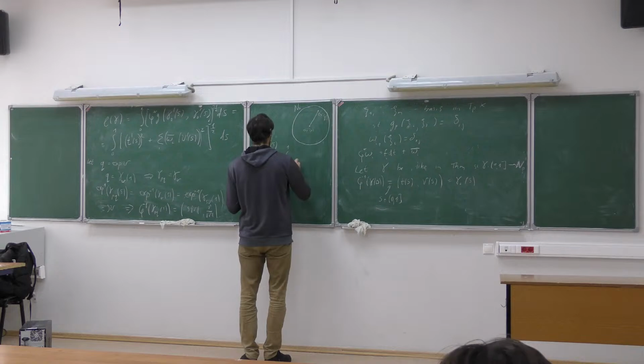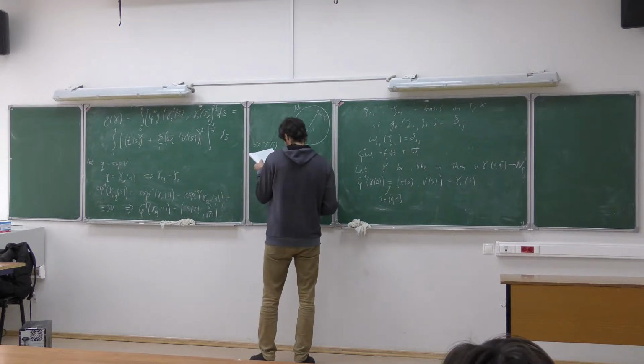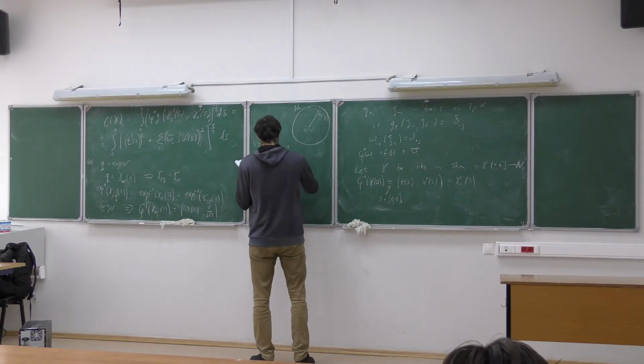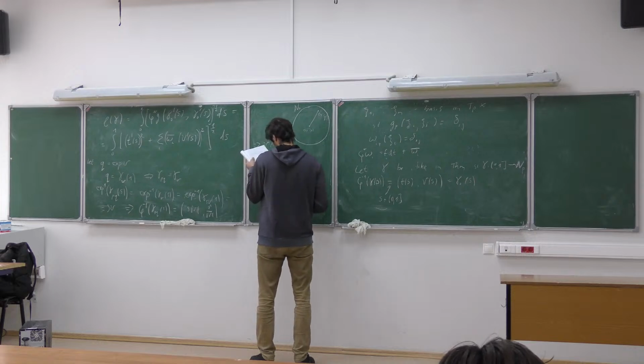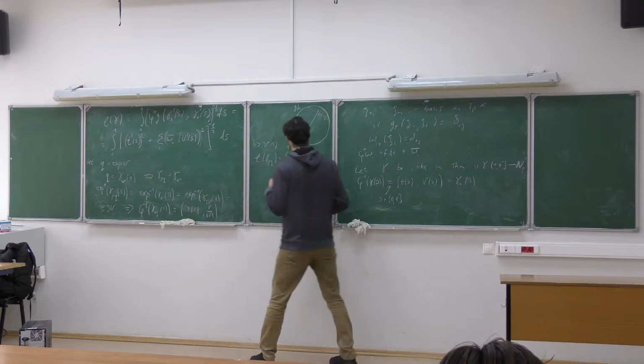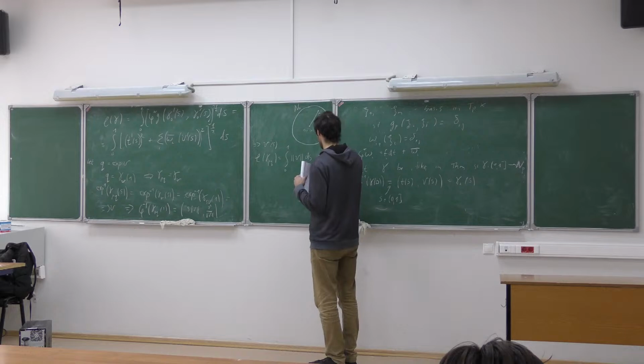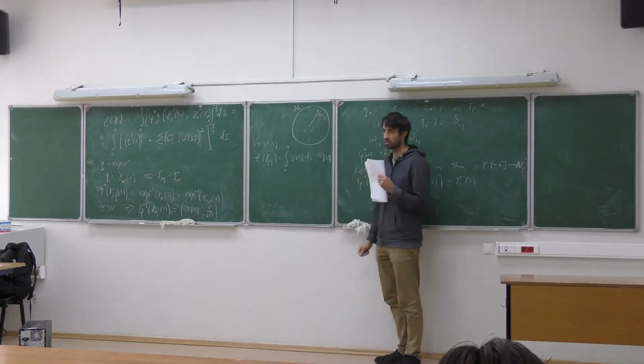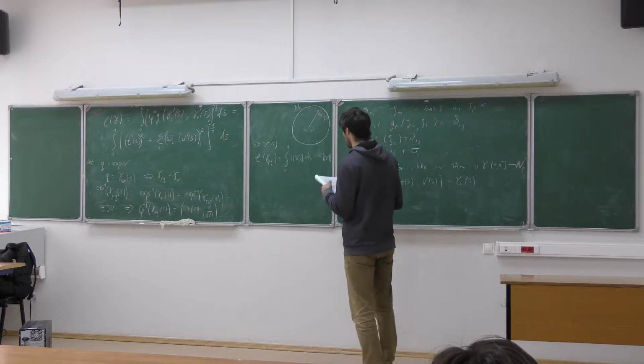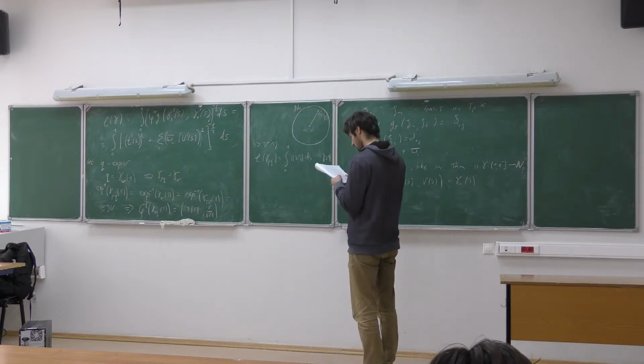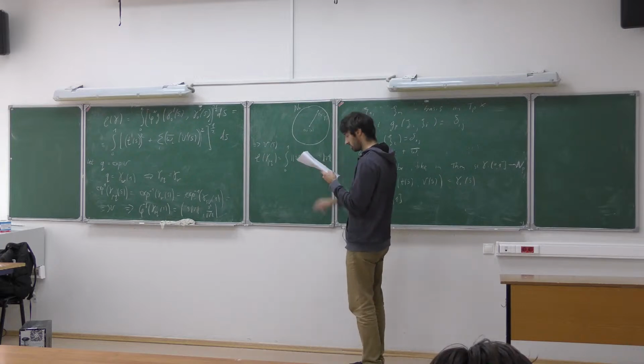So it will be just the norm of v ds. And this is just the norm of v. Okay, this is the length of the geodesic.